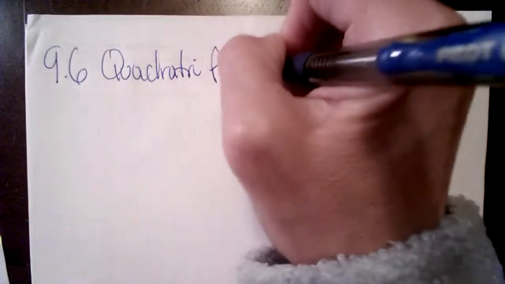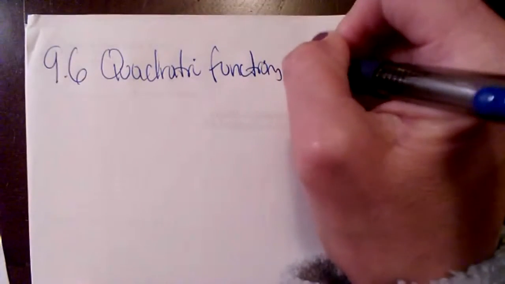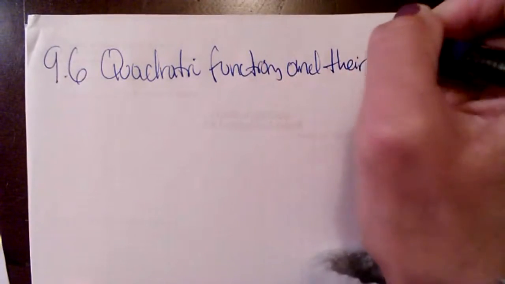It's called quadratic functions and their graphs. So it's going to be 9.6, quadratic functions and their graphs, okay?